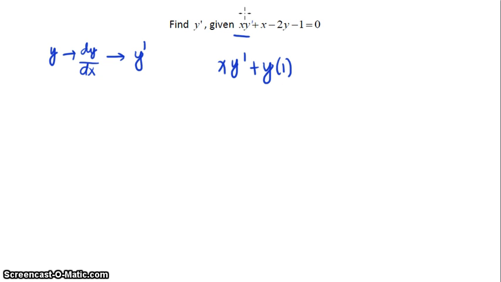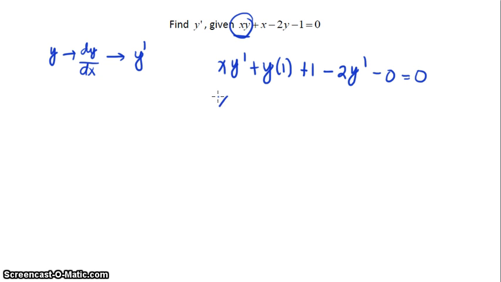So we're done with xy. And then plus x, so that will be plus 1, and then minus 2y, so 2 times the derivative of y is y prime, minus the derivative of 1, which is 0, equal to 0.